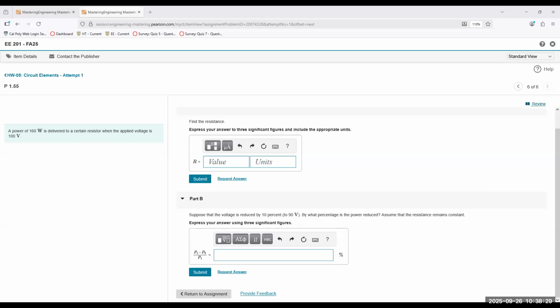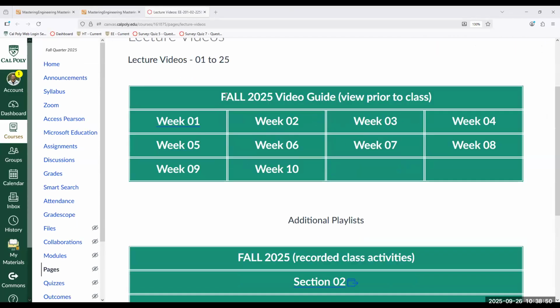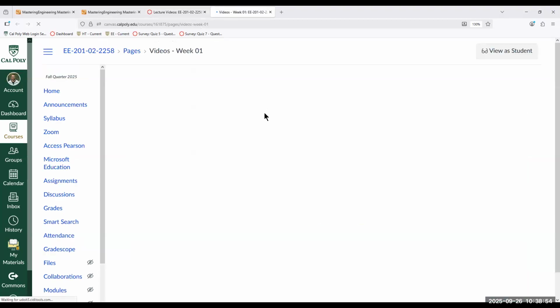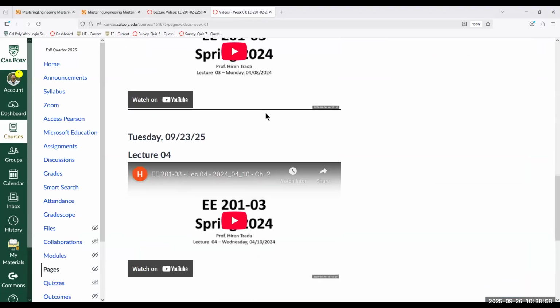So this is simply the guide. Okay, so week 1, I had the introduction, 2, 3, and 4.